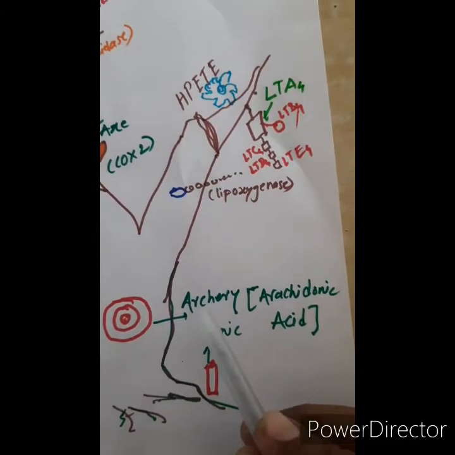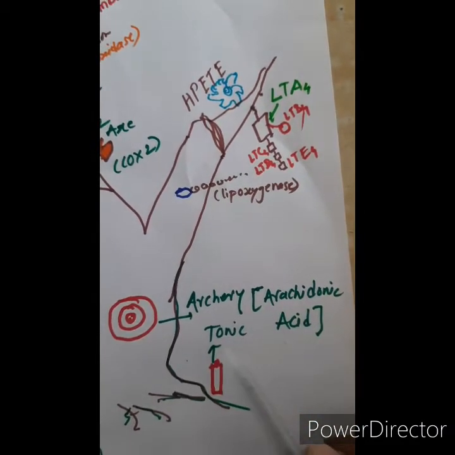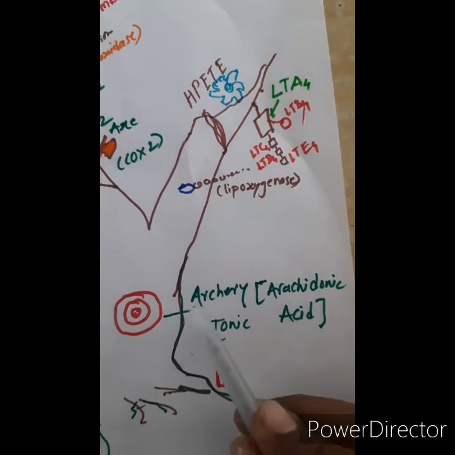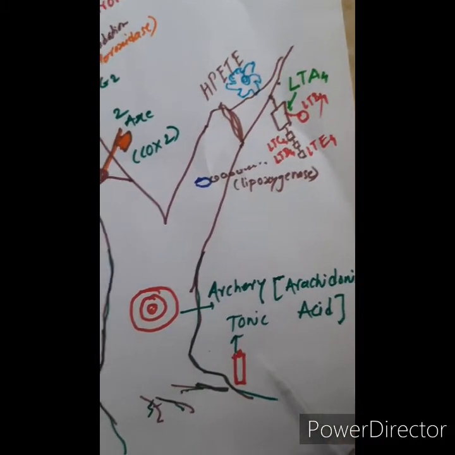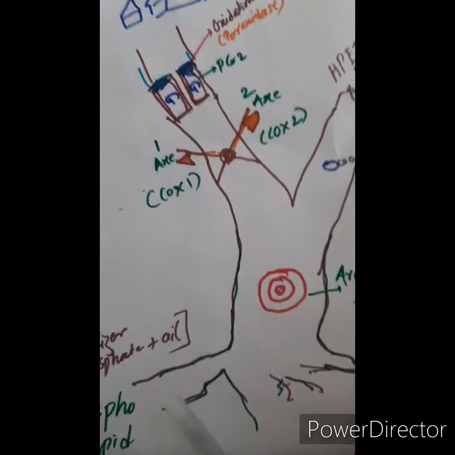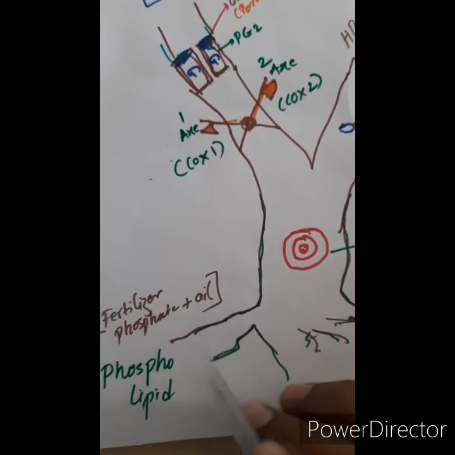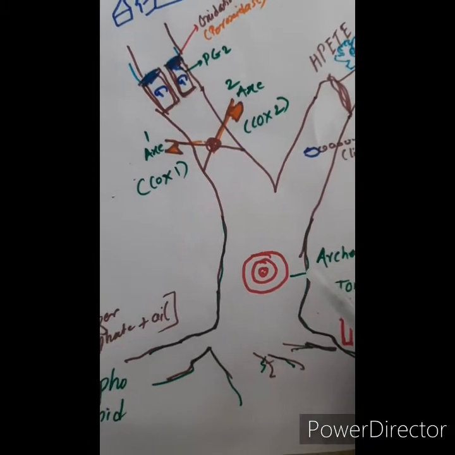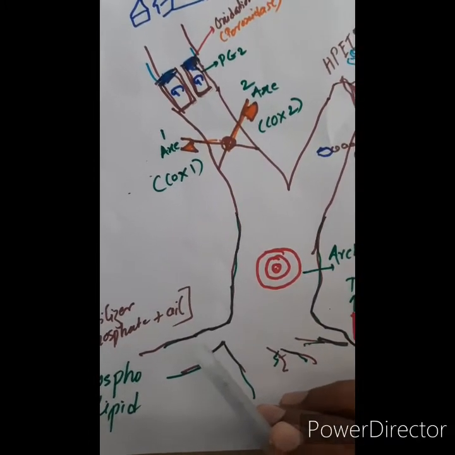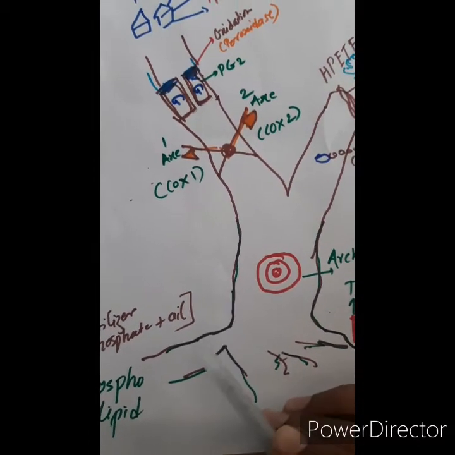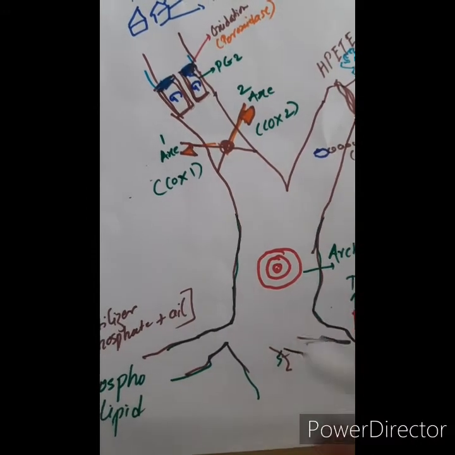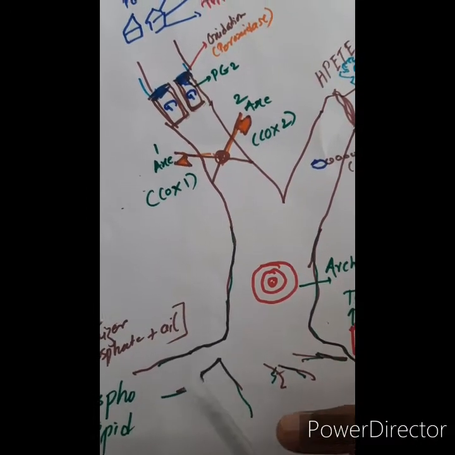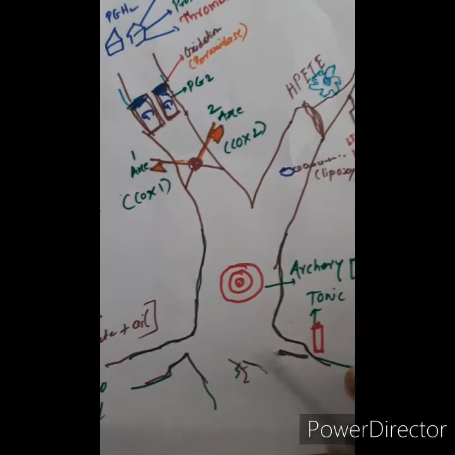So it's archery, araki, tonic: arachidonic acid. Obviously the enzyme required for converting this phospholipid into arachidonic acid will be phospholipase A2. We have to remember that the required enzyme here is phospholipase A2.